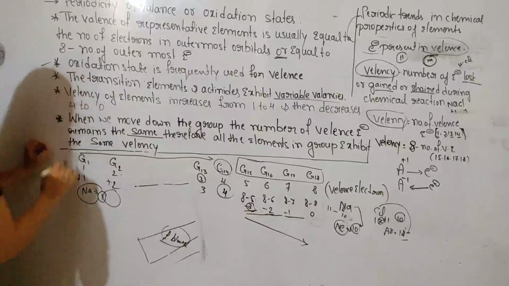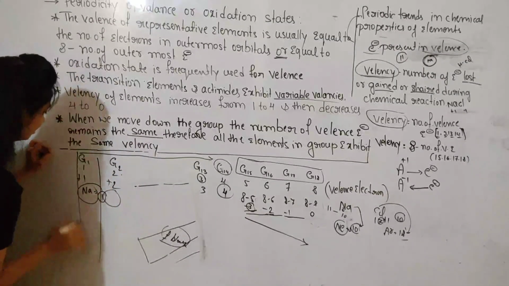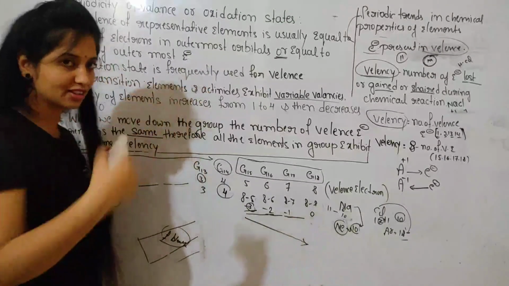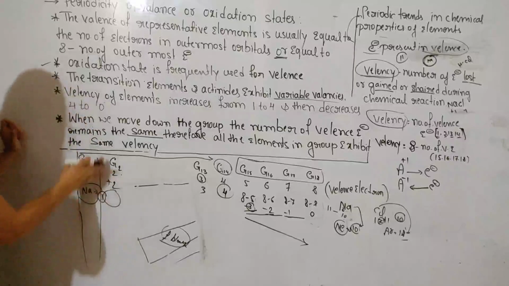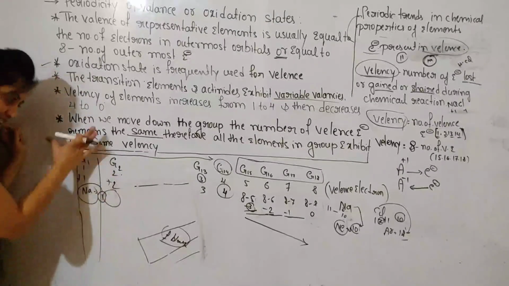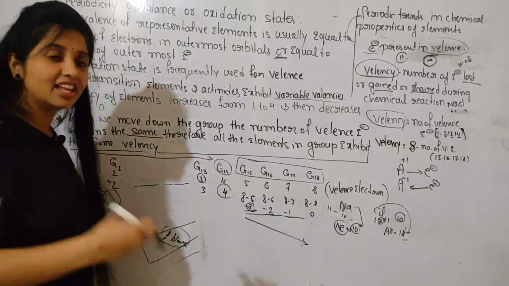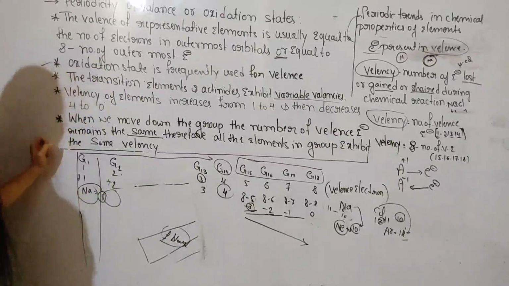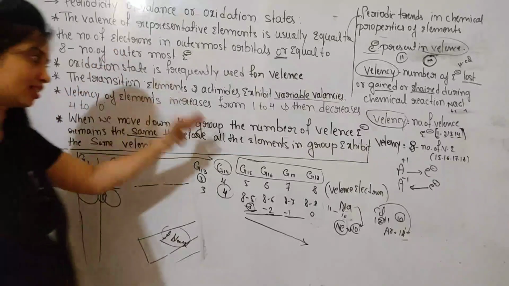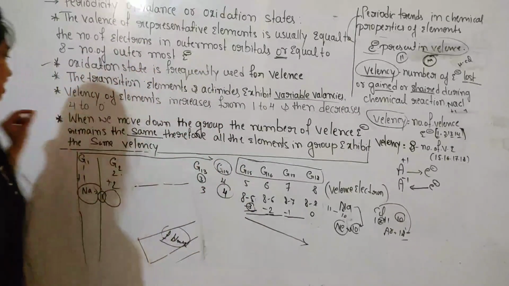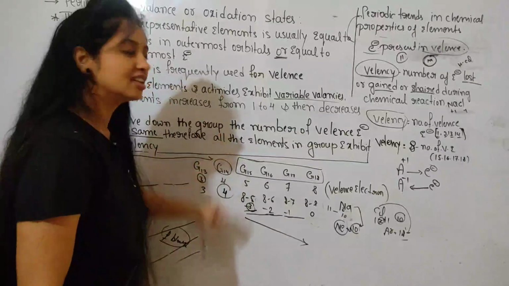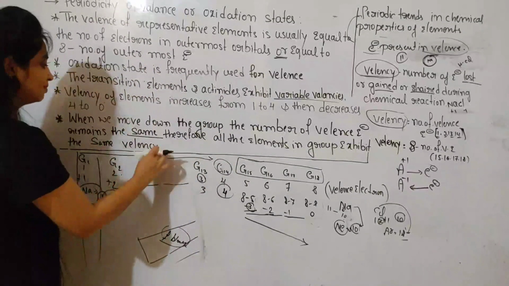Already you know that in group 1, all elements have 1 electron in their outermost shell. So they have the same valence electrons, so their valency is also the same group-wise. Therefore, all the elements in a group exhibit the same valency.